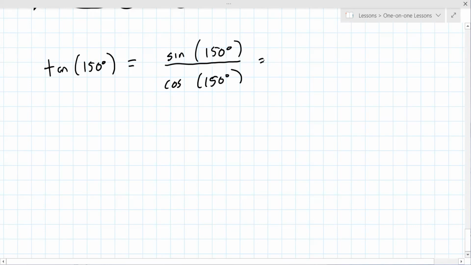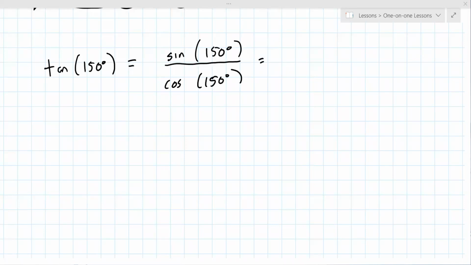Okay, let me find that. 150, you said? Okay. Sine is negative root 3 over 2, and cosine is 1/2.